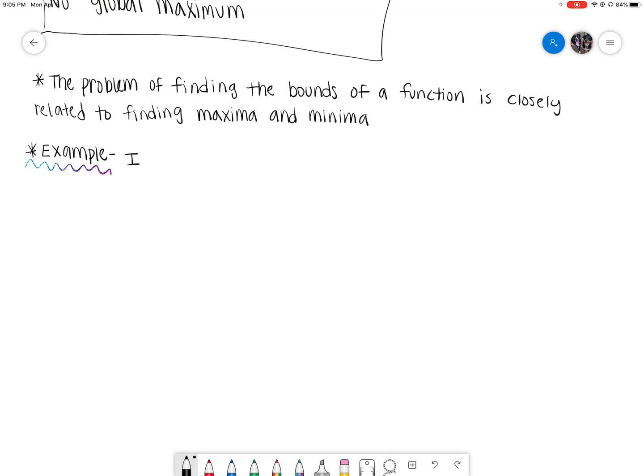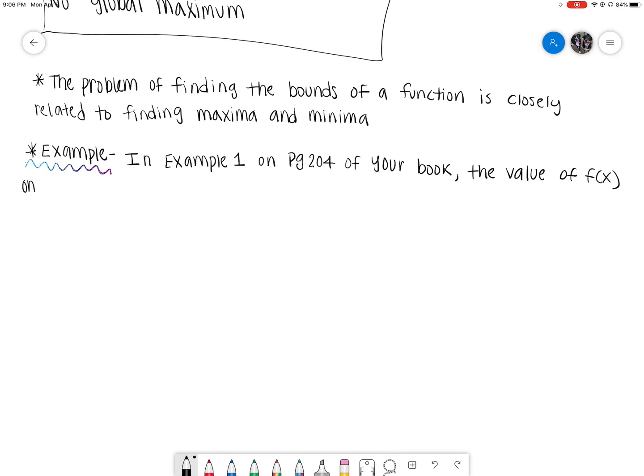In example 1 on page 204 of your book, the value of f of x on the interval -5 to 12, and that's a closed interval.